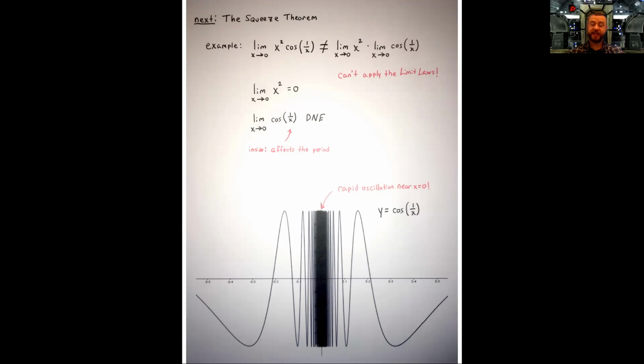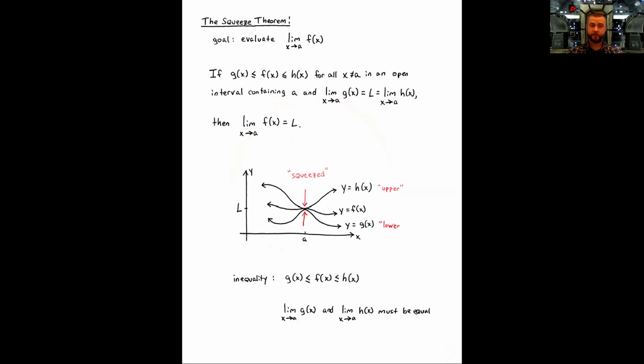All right, so let's go ahead and state what the squeeze theorem is. The goal with the squeeze theorem is to evaluate the limit as x approaches a of a function, which we usually write arbitrarily as f of x. The first part of the statement of the squeeze theorem says f of x is greater than or equal to one function and less than or equal to another, g of x and h of x.